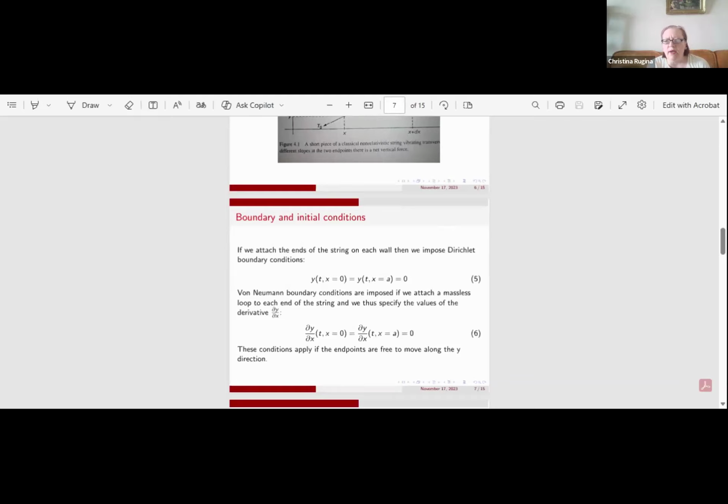And these are the usual boundary conditions. There are other types of boundary conditions, Robin boundary conditions, and more that you can have on a differential equation. But in this course, we work only with Dirichlet boundary conditions or von Neumann boundary conditions. These are the Dirichlet boundary conditions, so fixed points.